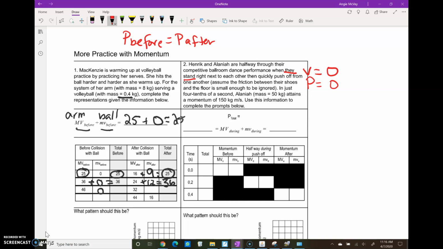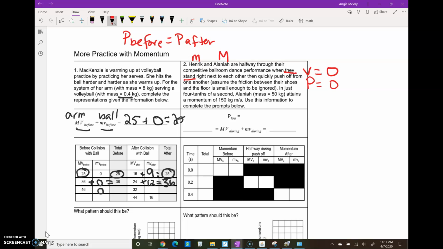Let's differentiate between Henrik and Alanya. We are using capital MV and lowercase mv. Let's make Henrik lowercase m and Alanya uppercase m. So uppercase mv will be Alanya and lowercase mv will be Henrik.